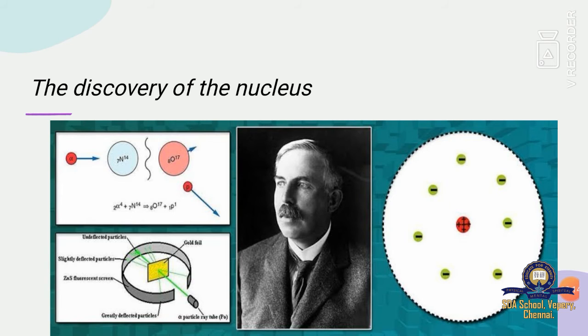Next, let us see how this nucleus is discovered, and this concept was given by the scientist Rutherford. He was also known as the father of nuclear physics. So he gave this concept in the year 1911, and he discovered nucleus in the experiment known as alpha particle scattering experiment.